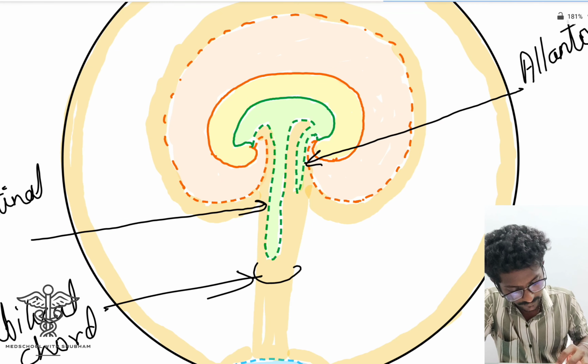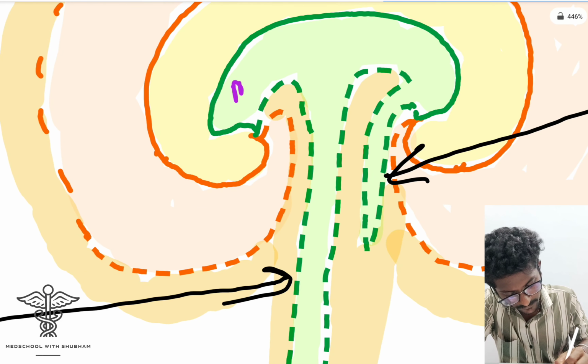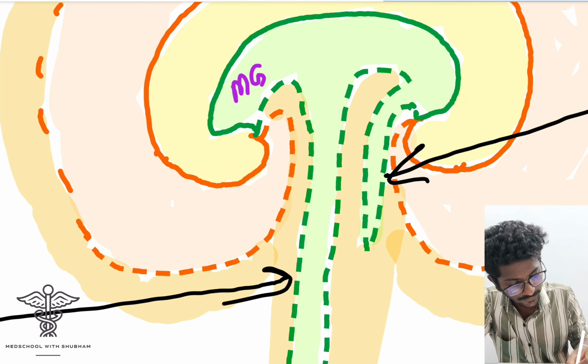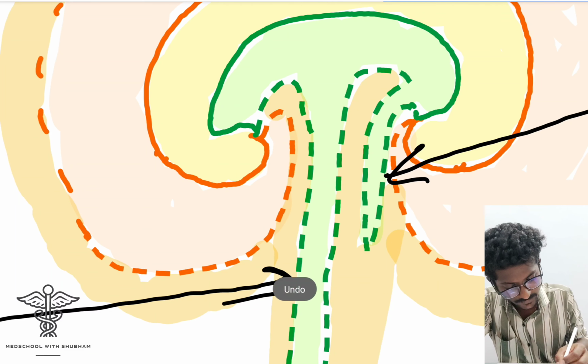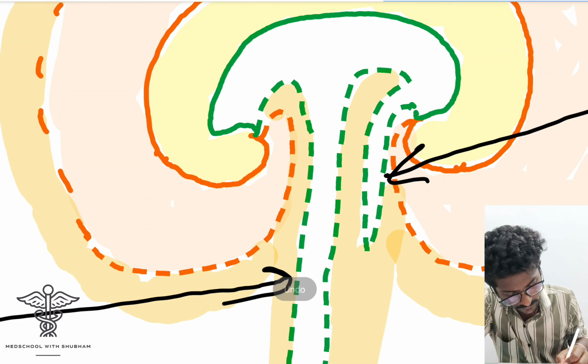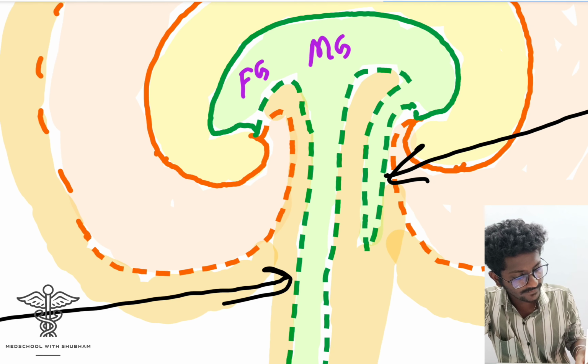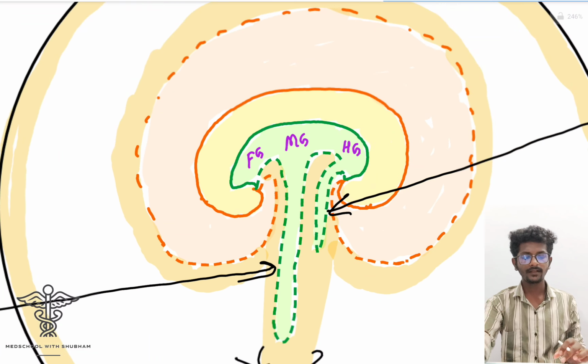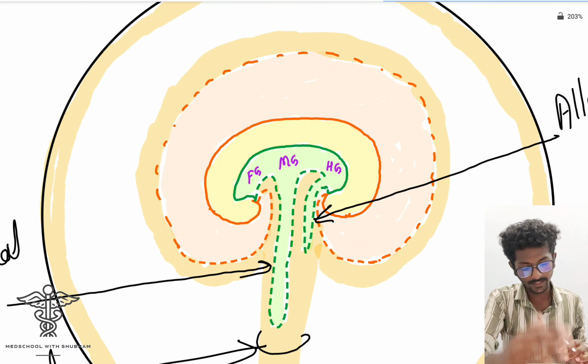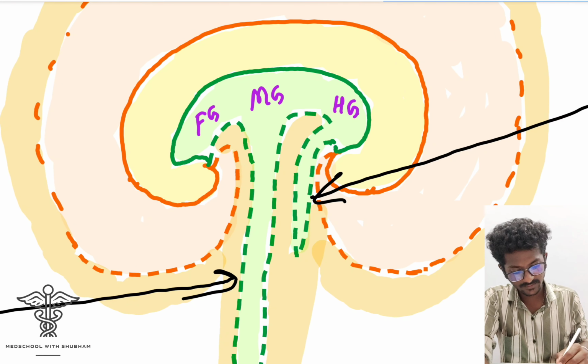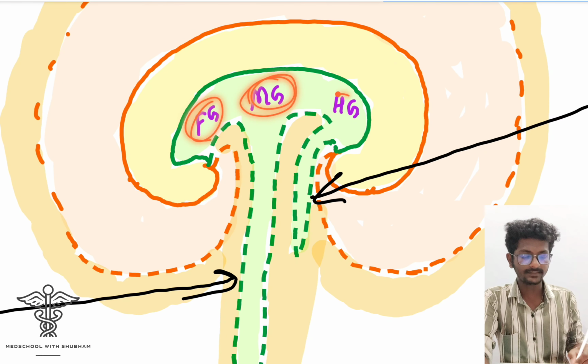So let me name that also. This is the foregut, this is the midgut, and this is the hindgut. Foregut, midgut, and hindgut.